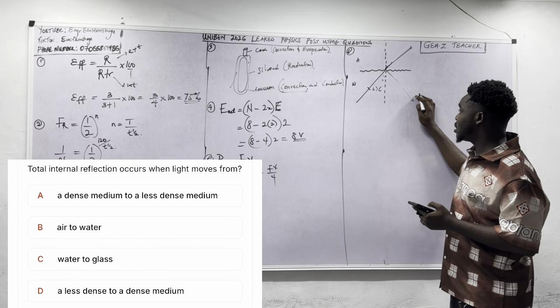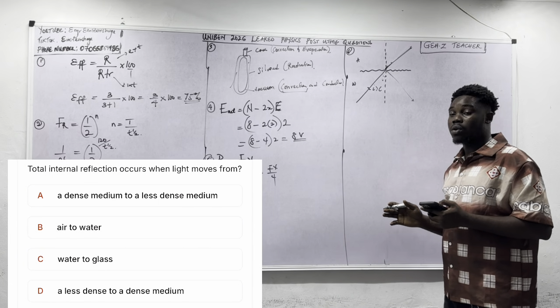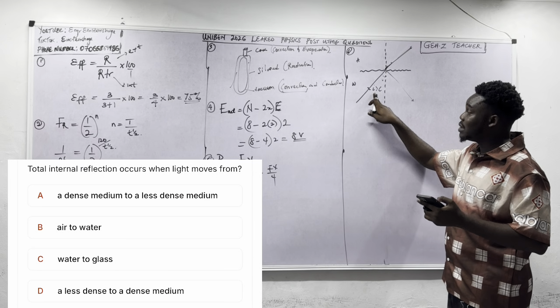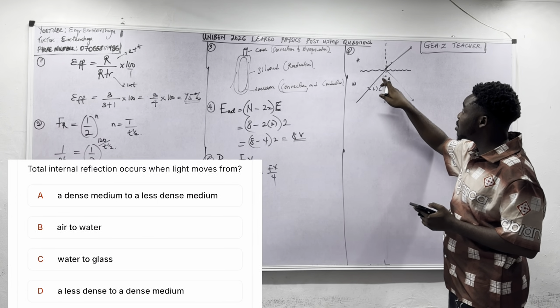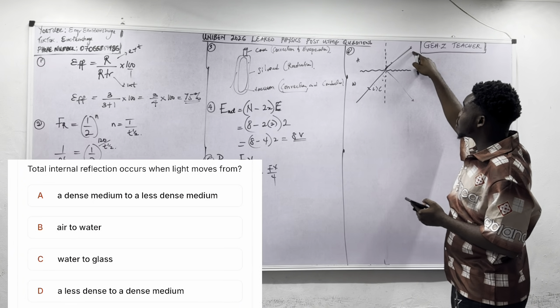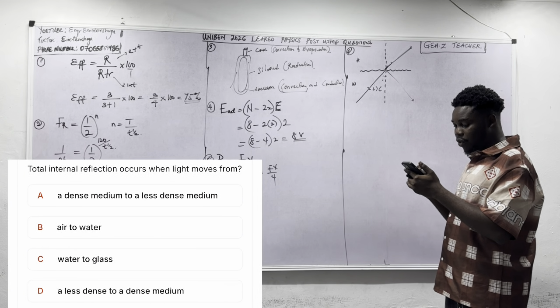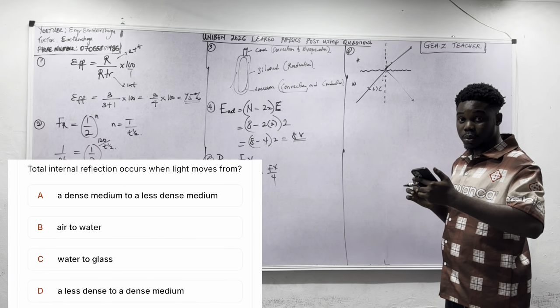So this is now looking like reflection. So total internal reflection occurs when your incidence angle is greater than the critical angle. And the critical angle is the angle of incidence when the angle of refraction is 90 degrees. So the answer to that question should be from a dense medium to a less dense medium, option A.